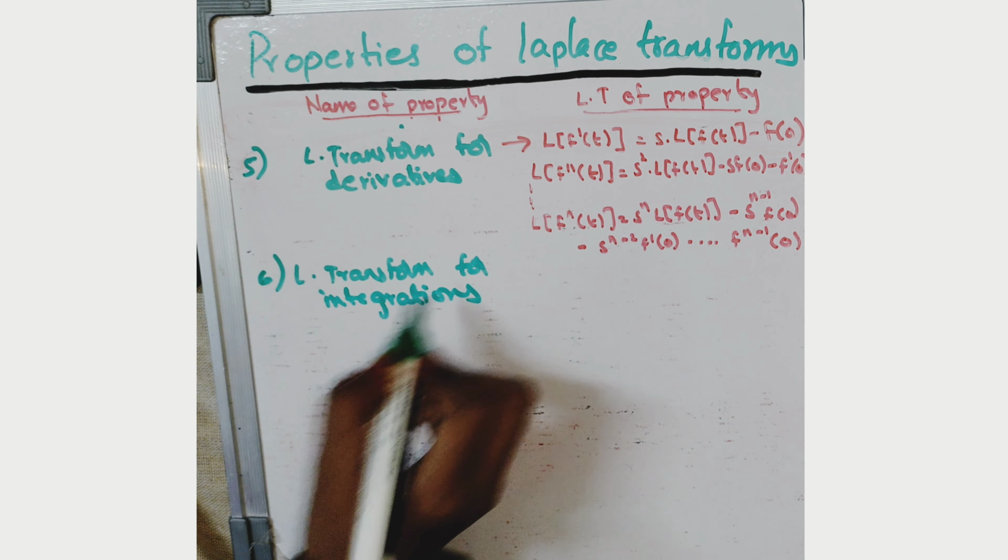Okay, if the Laplace transform of f of t is f bar of s, then the Laplace transform for integrations, that is integral 0 to t, integral 0 to t, and so on, integral 0 to t of f of t dt, will be f bar of s by s power n.